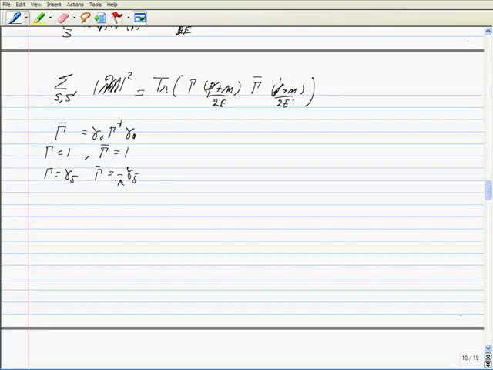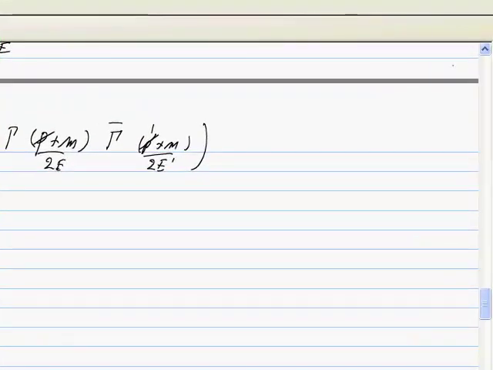Okay, that's one people often don't catch, but you have to think about it. Gamma 5 dagger is itself, and then gamma 0 goes through with a minus sign. If I have gamma is gamma mu, then gamma bar is gamma 0, gamma mu dagger, gamma 0.